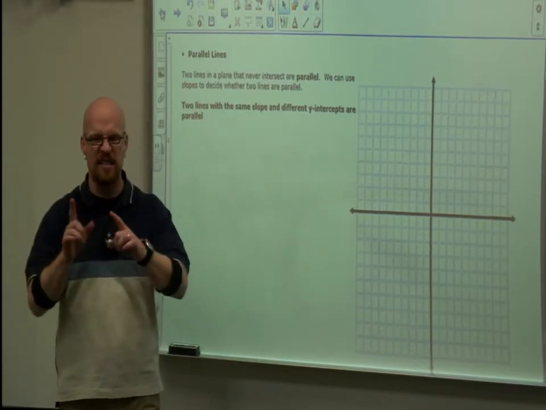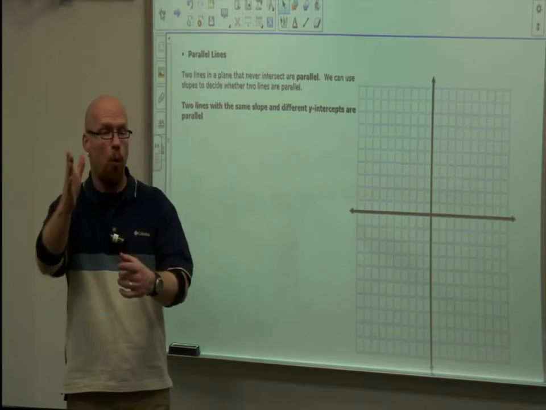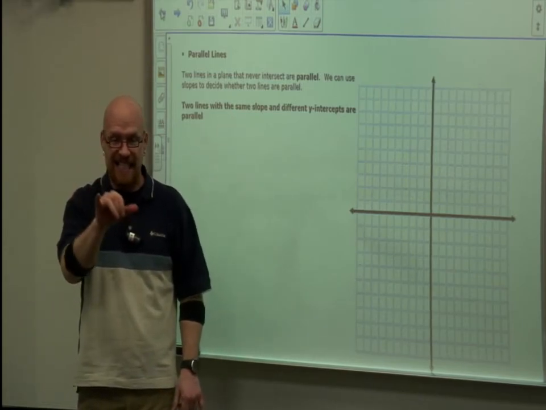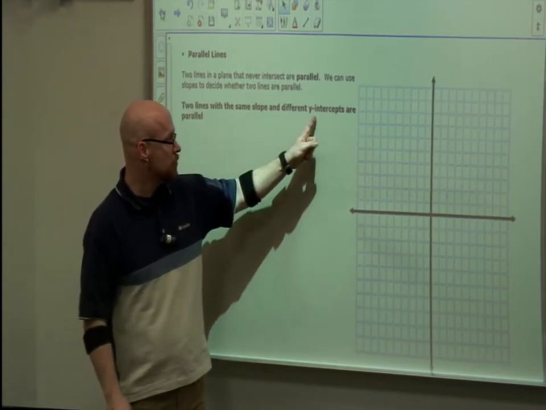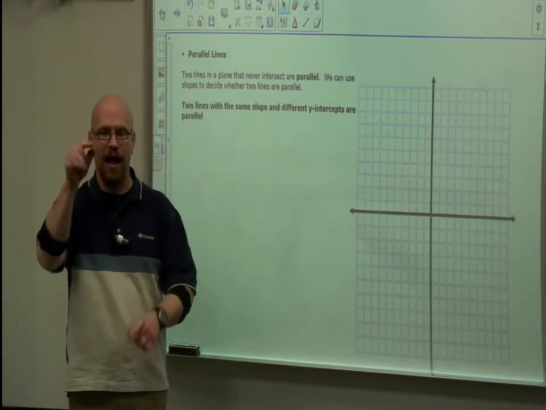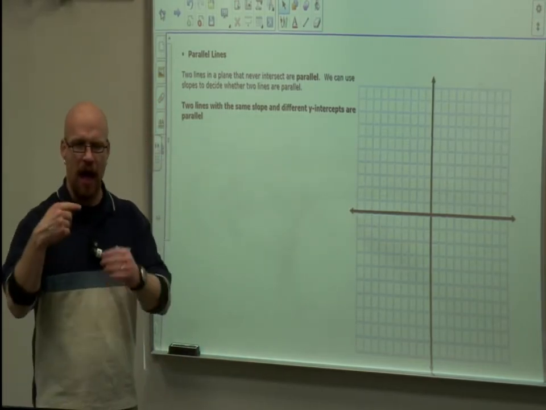There's two things. Parallel lines will have the same slope but different y-intercepts. I'll show two.